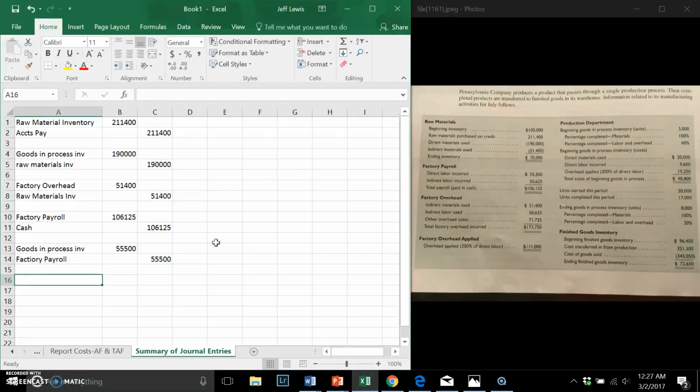The next journal entry that it wants you to record is indirect labor. So we go to indirect labor, 5,625. The two accounts are factory overhead and factory payroll.